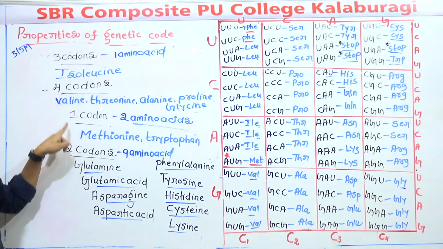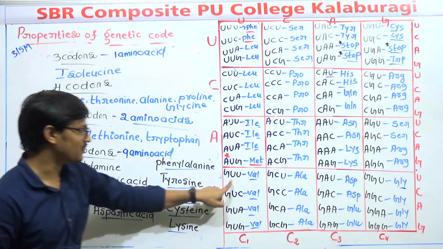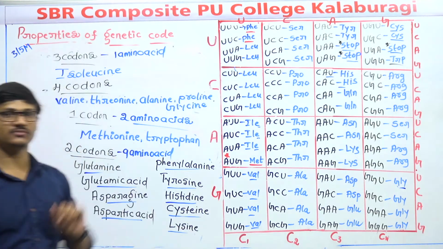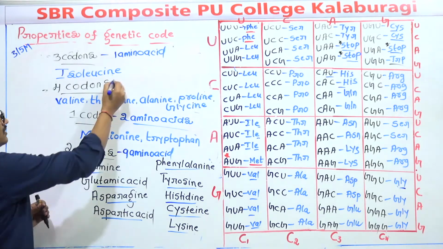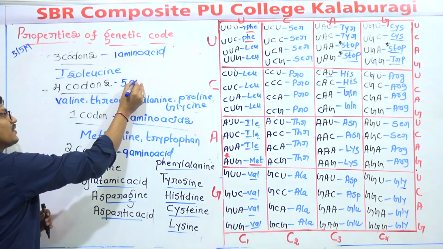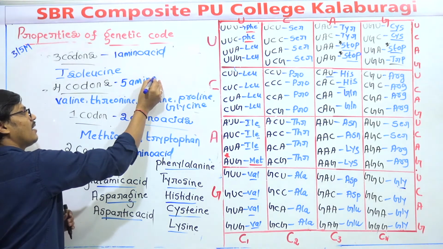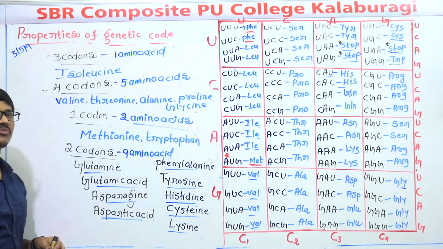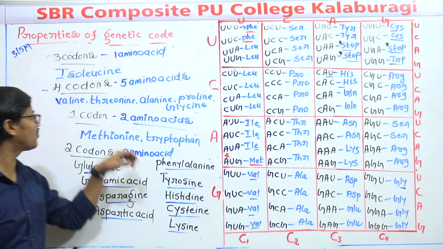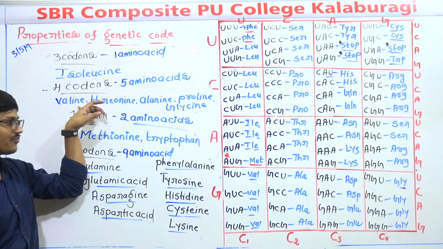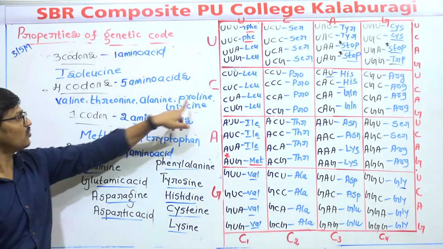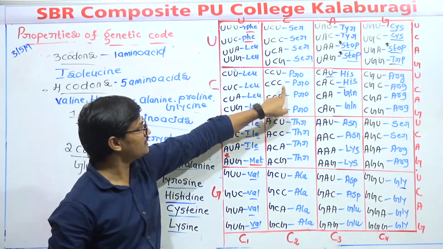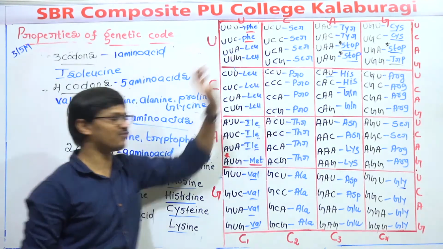If you want to cross check, you take valine. 1, 2, 3, 4. It means totally there are 5 amino acids. Each of these amino acids is having 4 codons. For example, just now we checked valine. Let us try one more. Proline. Just see here. 1, 2, 3, 4. Proline is also having 4 codons.